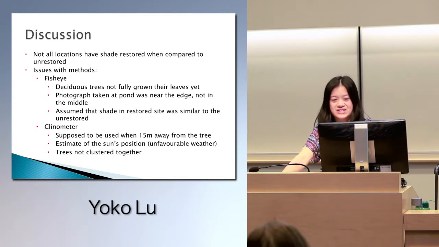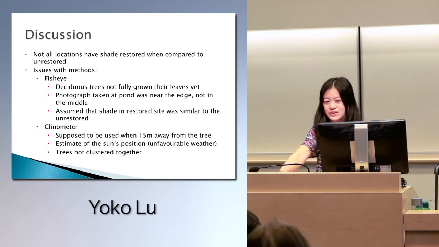So for the discussion, we found that not all the locations had shade restored when compared to unrestored. So it means that not all the places restored have adequate protection, and it's not completely restored.